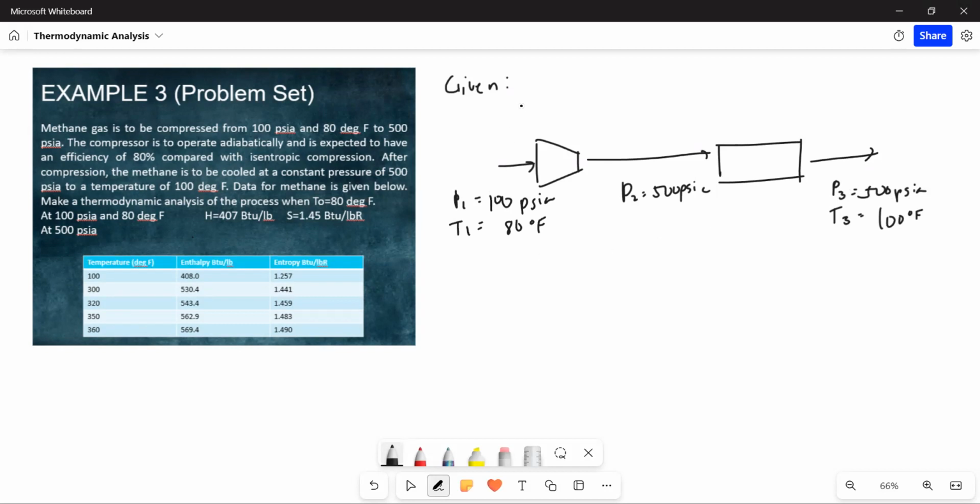The efficiency of this compressor is 80%. And then T-naught, let's put that here. T-naught is 80 degrees Fahrenheit.